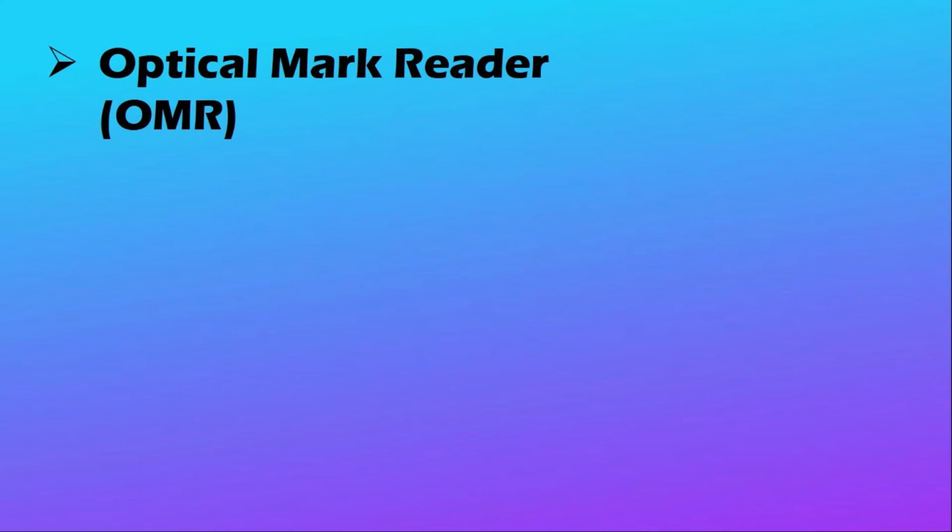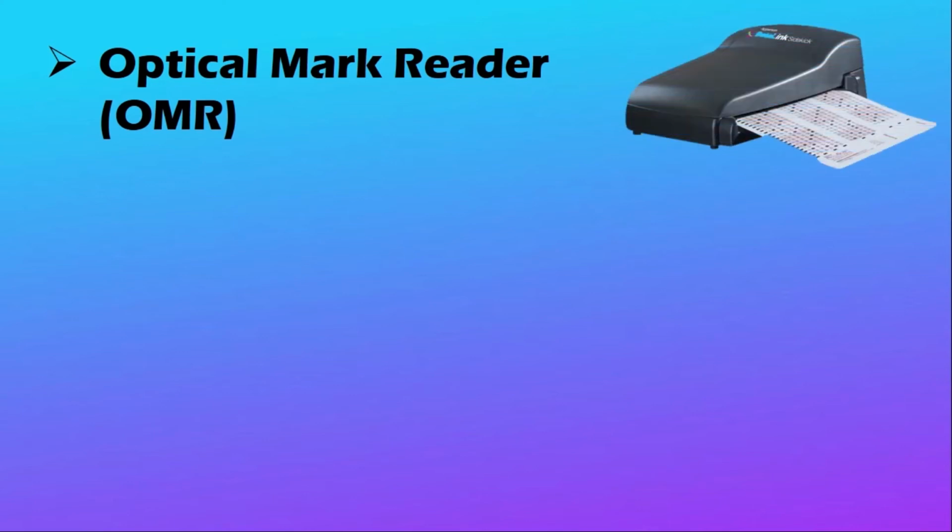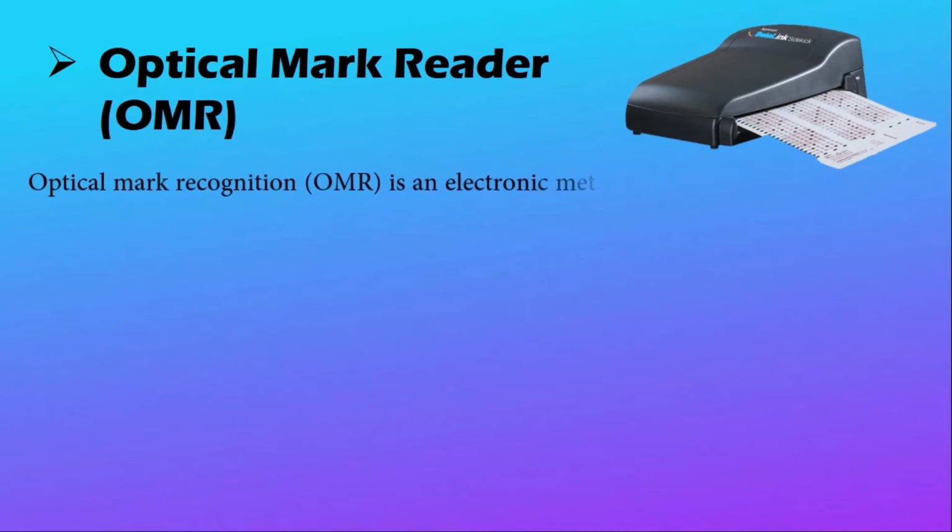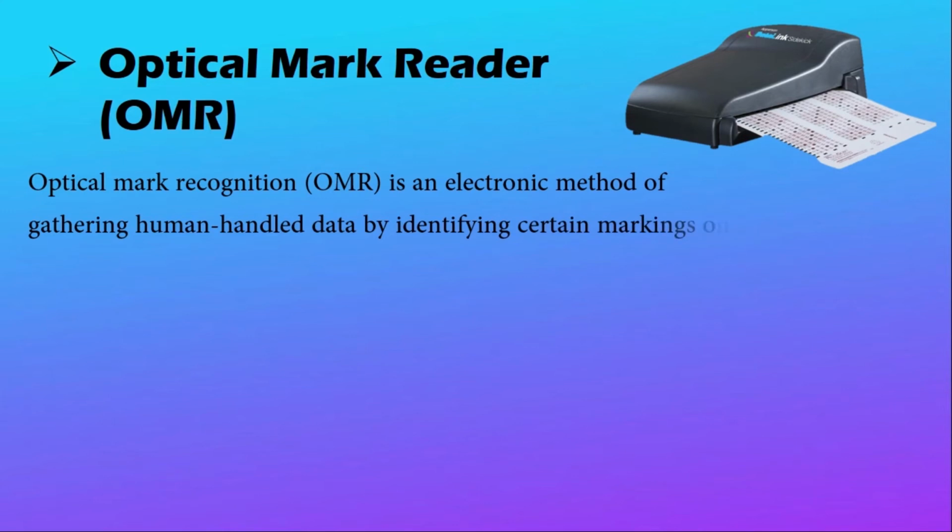Optical mark reader, the long form for OMR. This is the picture, and optical mark recognition, OMR, is an electronic method of gathering human handled data by identifying certain markings on a document.